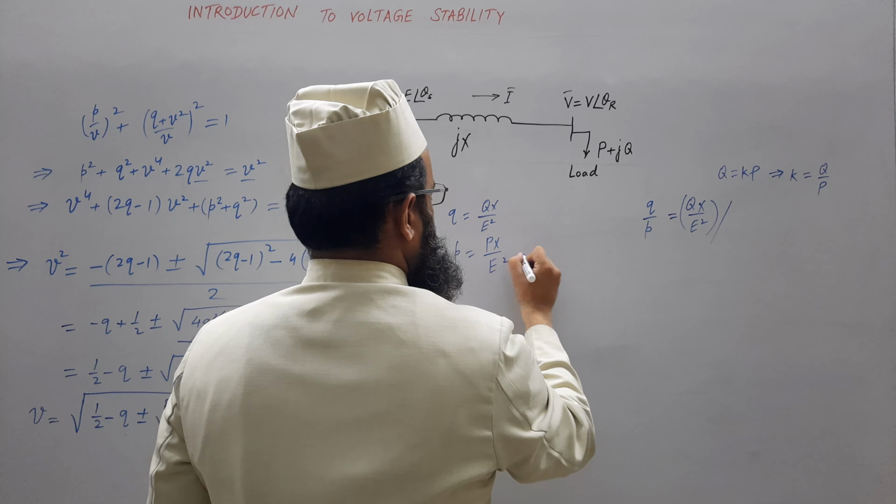By substituting Q is equal to Kp, wherever Q is there, just substitute as Kp. So V can be written as, therefore, per unit value of bus voltage at load bus as 1 by 2 minus Q may be written as Kp plus minus under root 1 by 4 minus Kp minus P square under root.